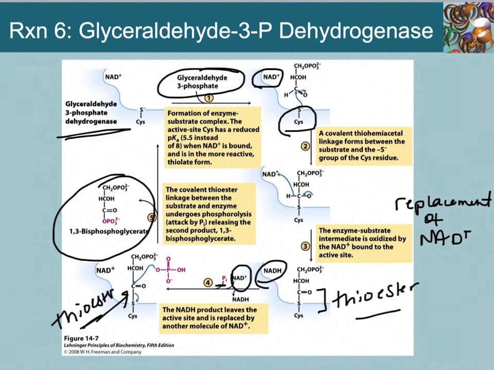This example illustrates the essence of energy transformations and of metabolism itself. We have energy released by carbon oxidation, and it's converted into a high phosphoryl transfer potential molecule, which is 1,3-bisphosphoglycerate.